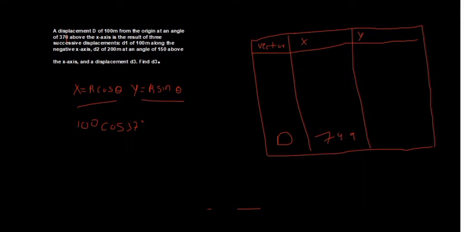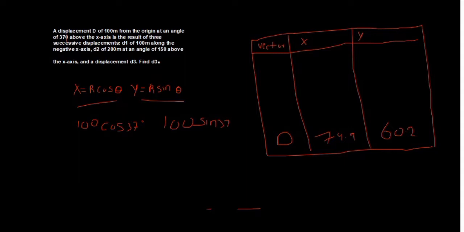Moving on to our y component, which should be 100 sine 37. 100 sine 37 is 60.2. So this is what we call resolving vectors into their components. We've resolved d, which is the resultant of the other displacements, into its x and y components.